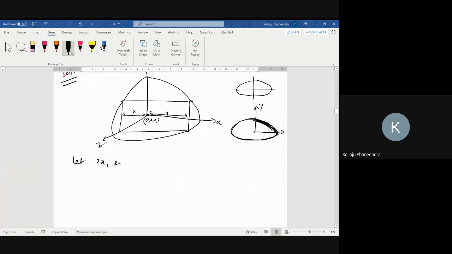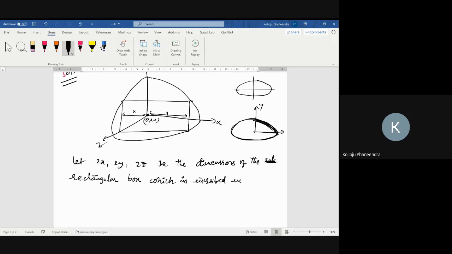Let 2x, 2y, 2z be the dimensions of the rectangular parallelepiped, or simply I can write rectangular box, which is inscribed in the ellipsoid x square by a square plus y square by b square plus z square by c square equal to 1.